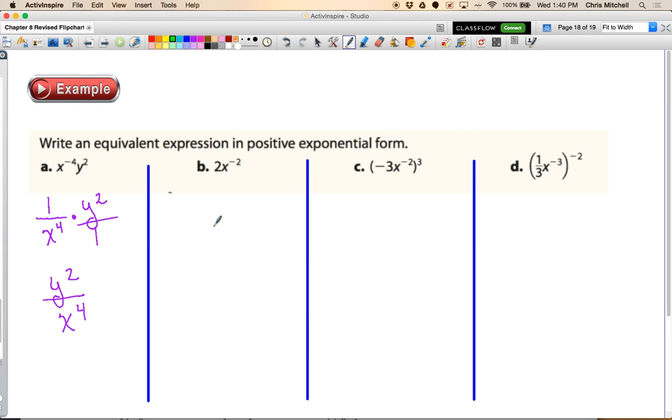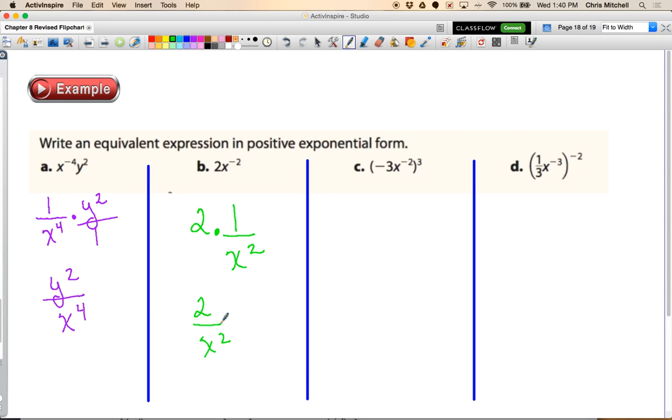All right. Here's the next one. We have 2x raised to the negative second power. So we can keep our 2 times 1 over x squared, which is simply going to be, here it comes, 2 over x squared.